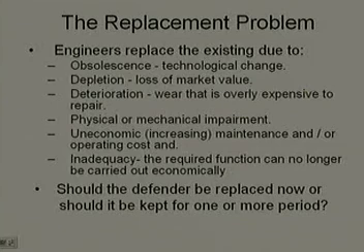This is because of a number of reasons. The assets can be replaced because the current asset might have become obsolete. There must be some technological changes. For example, if you just see the day-to-day changes in the computer industry, you will find that processors are changing very frequently.